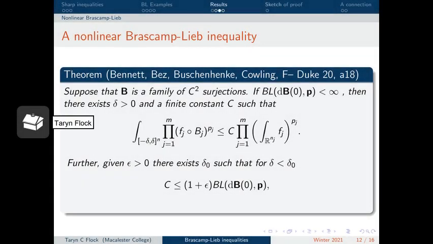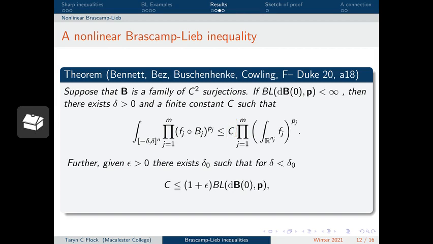I like understanding sharp constants, and this inequality actually tells me a little bit more about the constant in my nonlinear inequality. So we find that the best constant in the nonlinear inequality is, for an appropriately small neighborhood, 1 plus epsilon times the best constant in the linear inequality.